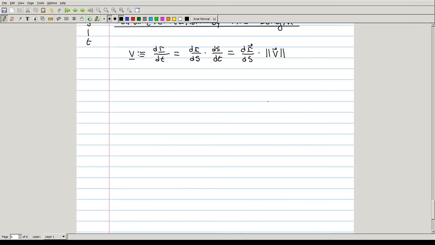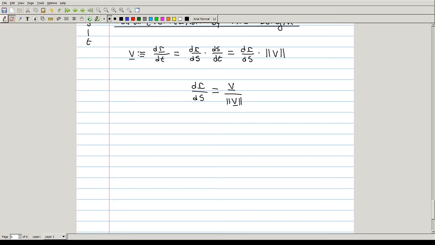And actually what this tells us is the following. If we divide both sides by the magnitude of the velocity vector, we have that the rate of change of position with respect to arc length s is exactly the same thing as the velocity vector divided by the magnitude of the velocity vector.